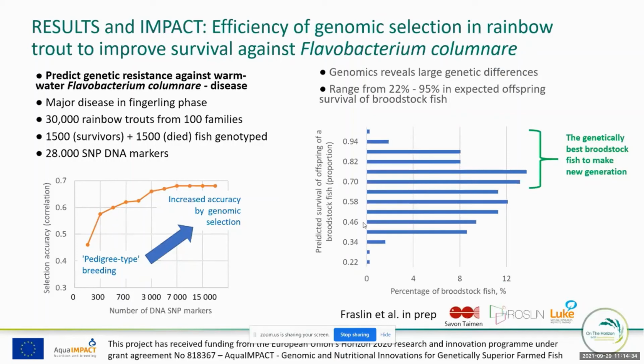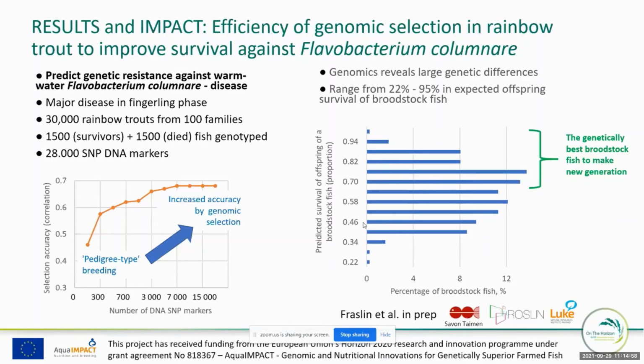On the graph here on the right, we have for broodstock fish, which are alive, the expected survival of their offspring when they encounter this disease. We can see from the graph that there are broodstock fish for which we expect their offspring survival is 94%.